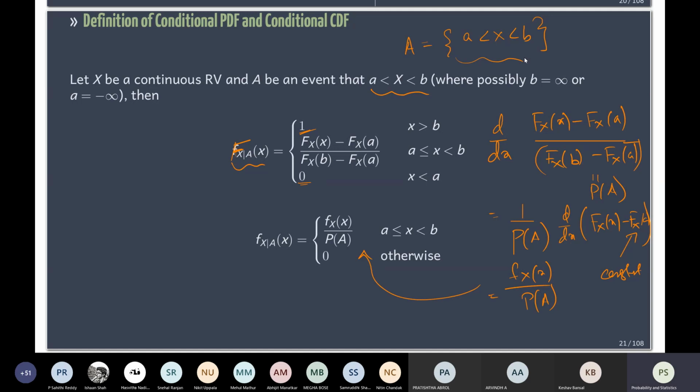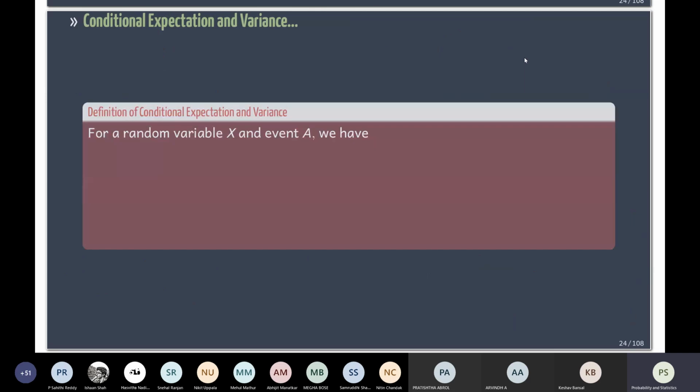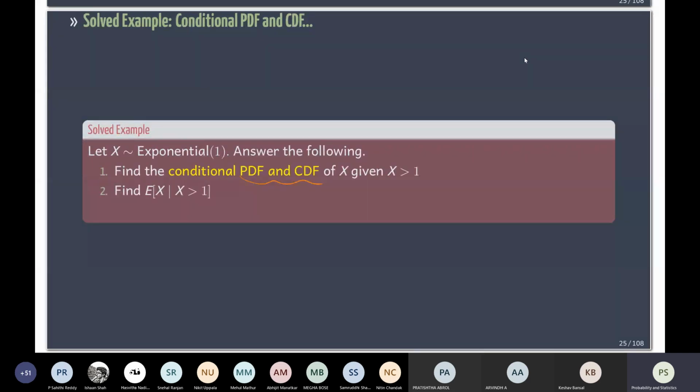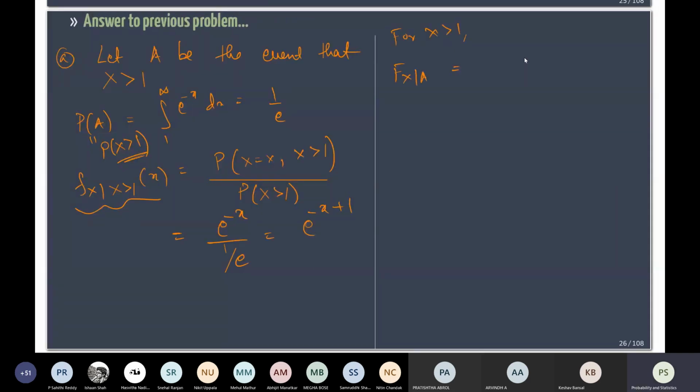So F_X(x) minus F_X of the lower bound, which is 1, and then we can just write P(A) here also.